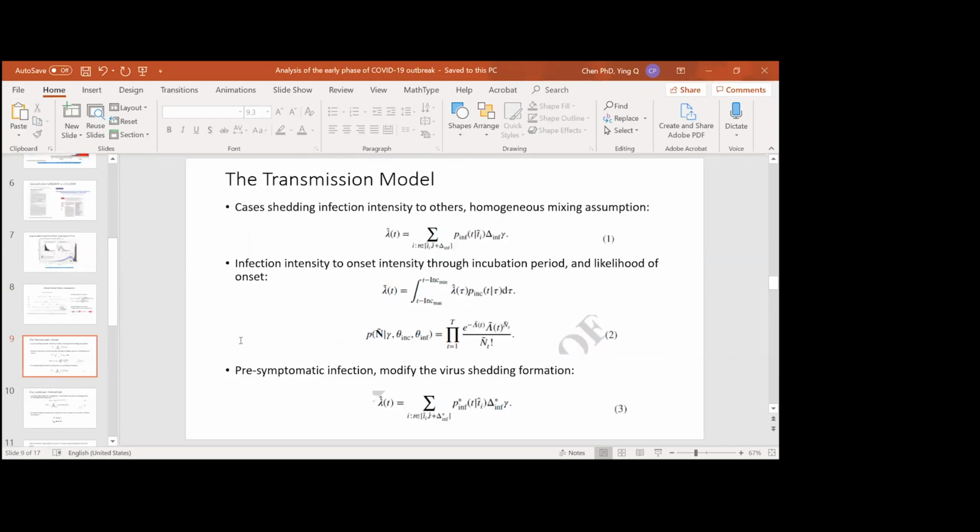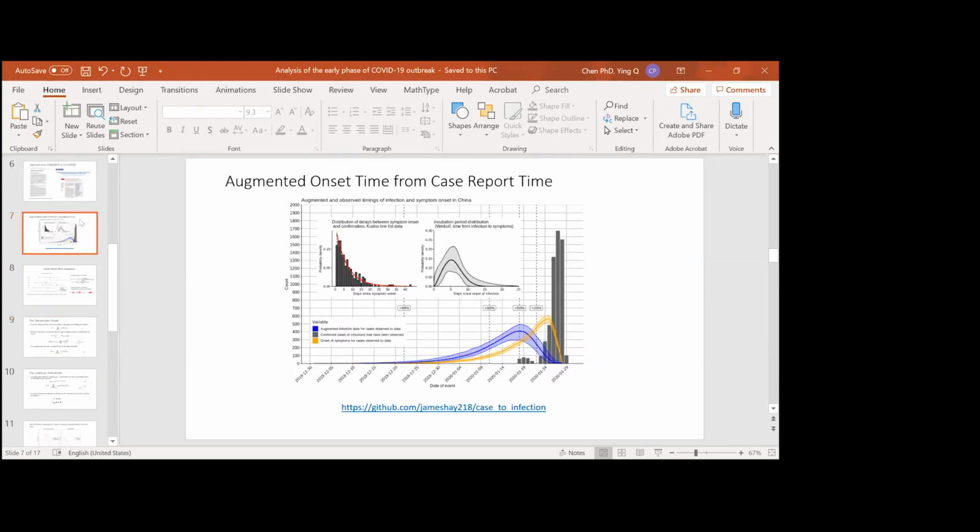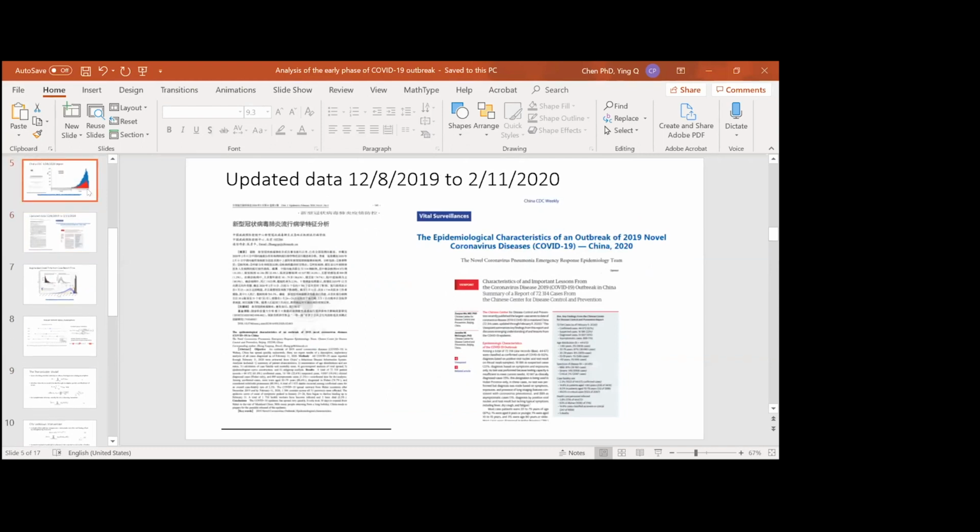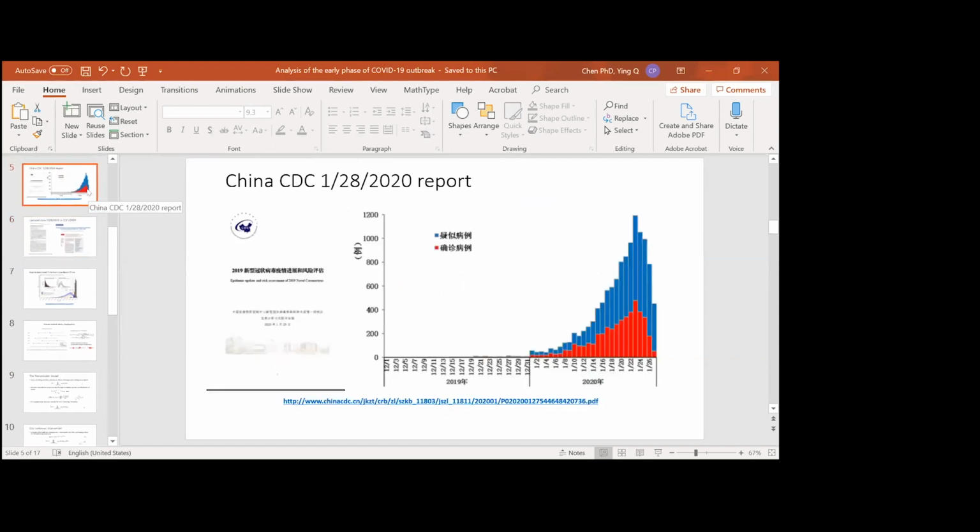And Ying, quick question. Yes. On that graph that you had before, the red and blue, I'm sorry, I can't read Chinese. What did they mean? Oh, the red ones were confirmed cases. The blue ones are what they call suspected cases, which means they are probably infected but not confirmed by assay testing.